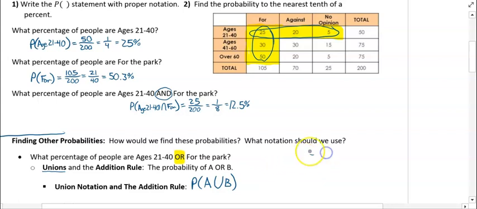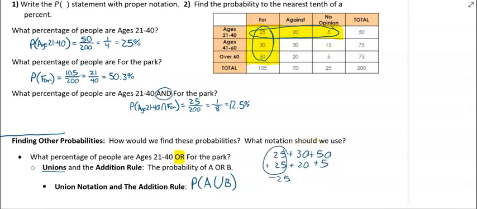Actually, I'm not going to erase that, because we'll use this. This is the number who are for the park, and this row here that I wrote down, those are the ones who are ages 21 to 40.